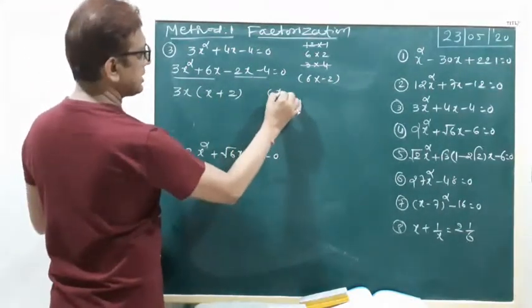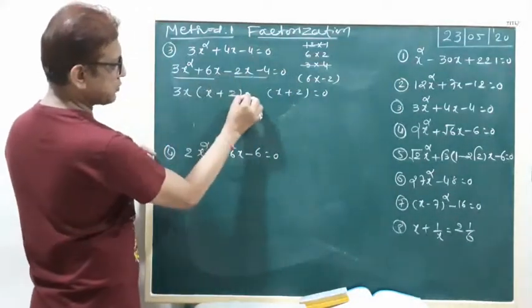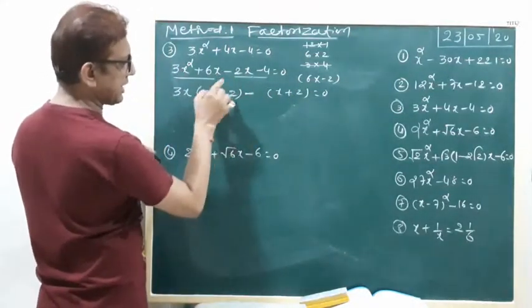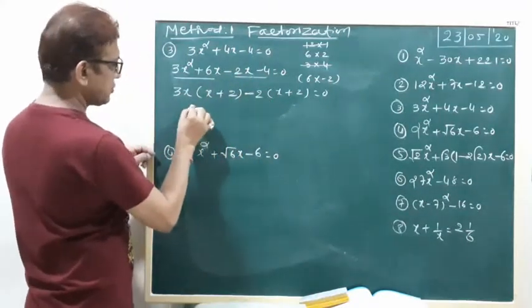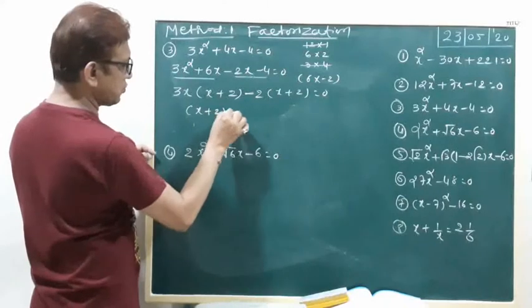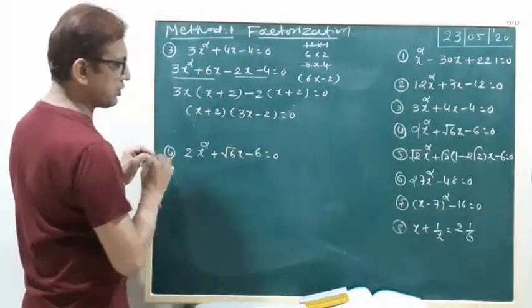And again here x plus 2, right? Here the negative sign, so we put the negative sign. 2x, x in the bracket, 2 outside the bracket. So x plus 2 and 3x minus 2 equal to 0.